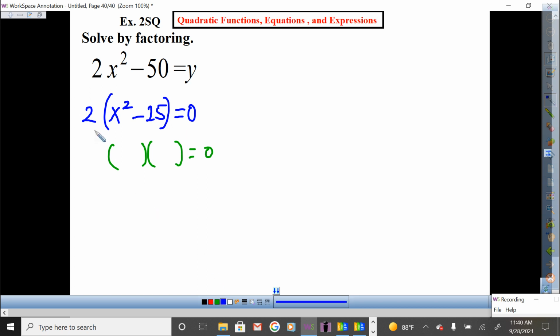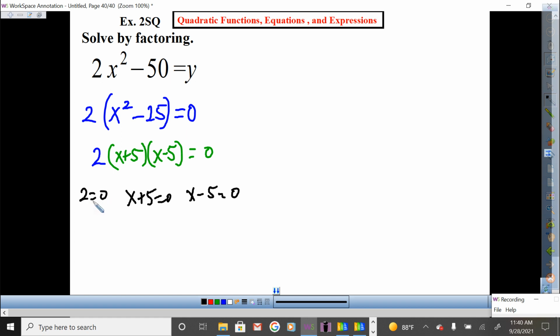In the meantime, I want to bring down the BFF. There it is. Okay, Pamela, what are they? x plus 5, x minus 5. Yeah, because this is 25. All right. Next step, Sky. x plus 5 equals 0. x minus 5 equals 0, but you forgot one. 2 equal to 0.